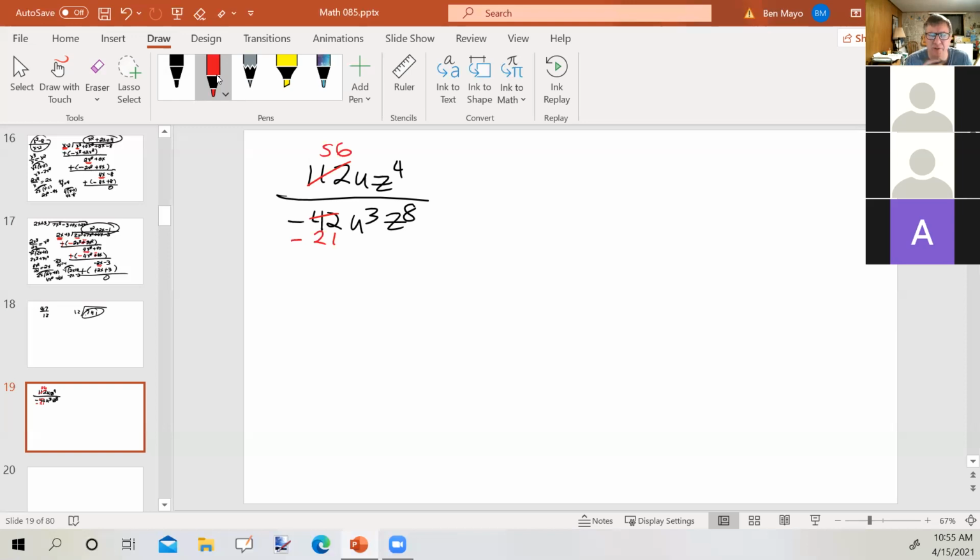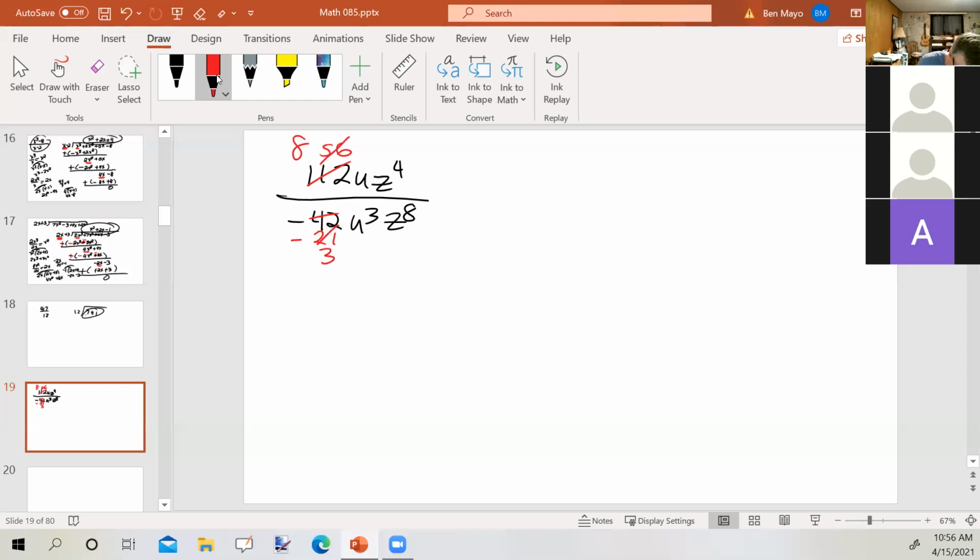What times what equals 56? 7 times 8. What times what is 21? 7 times 3. So they both have a 7 in them. So let's divide by 7. We're going to get 8, and by 7, we're going to get 3. So we end up with 8 over negative 3. Okay?